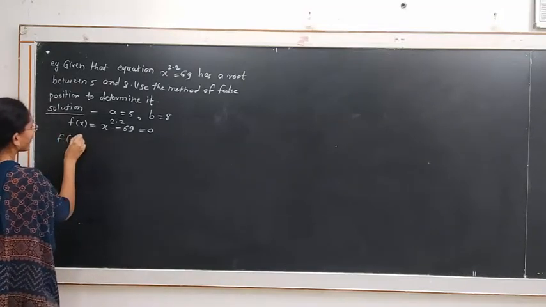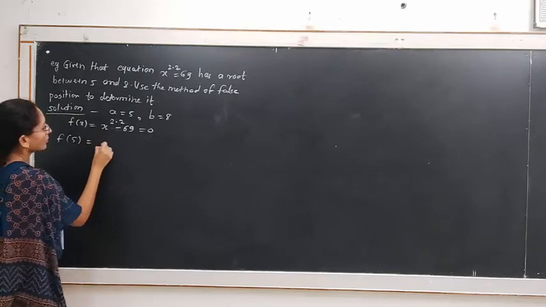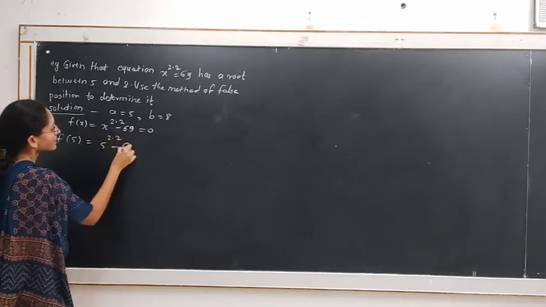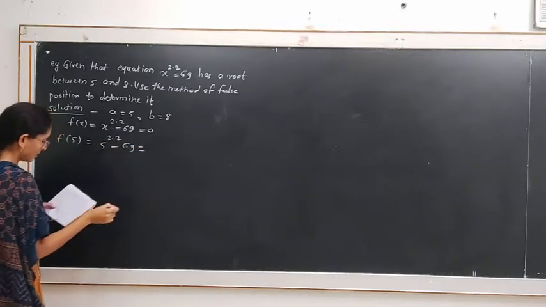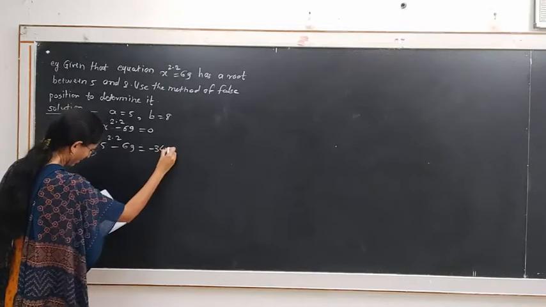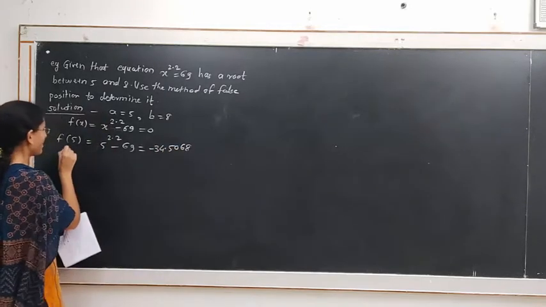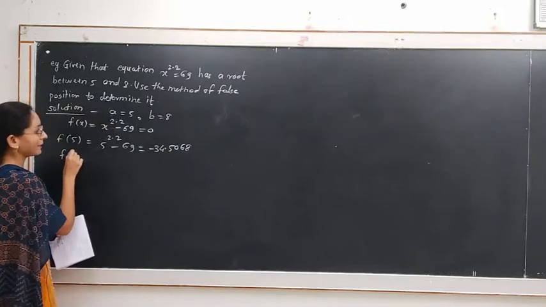f of 5, that is f of a, is equal to 5 raised to 2.2 minus 69. This value is minus 34.5068, and b value is given as 8.